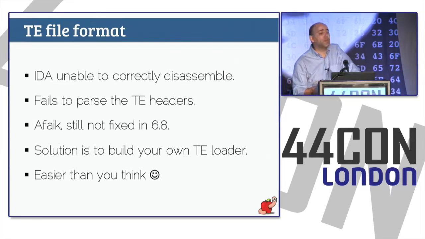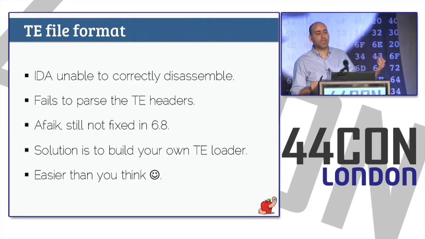One problem with this format is that IDA is unable to disassemble it because it fails to parse the headers. I had a conflict with IDA, with Hex-Rays, because of license problems. I reported the bug, they didn't want to fix it, and so on. I'm not sure if it's fixed now, but the solution is you build your own loader.